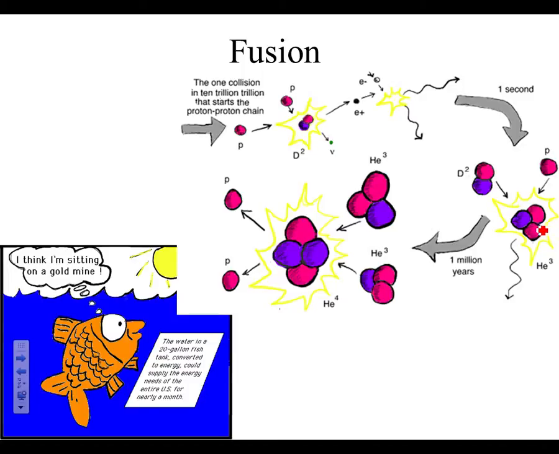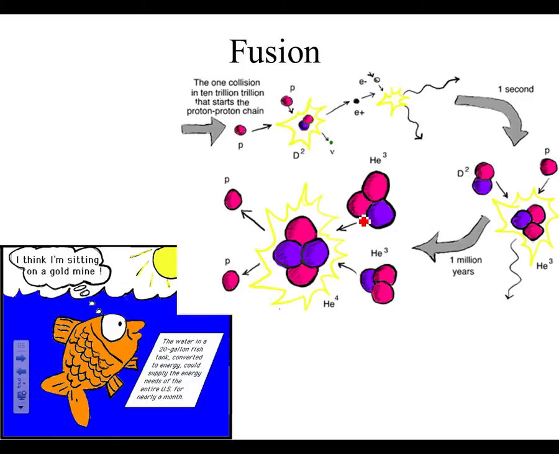So helium, 2 protons and 1 neutron, helium-3. Then 2 of those helium-3s smash together, they fuse, and they become helium-4. So 2 protons, 2 neutrons, and then lots of energy, and 2 protons fly out to start this chain reaction over again. So this is going to keep on fusing, fusing, fusing, producing lots and lots of energy.